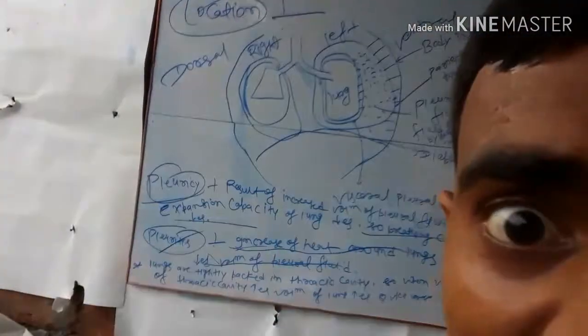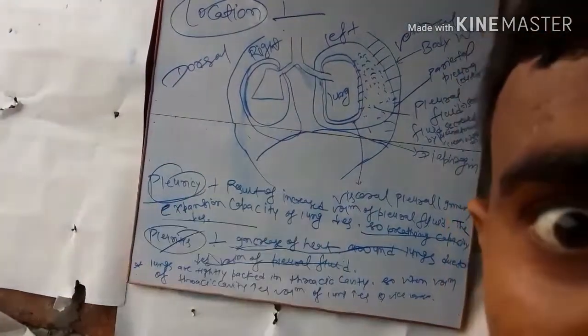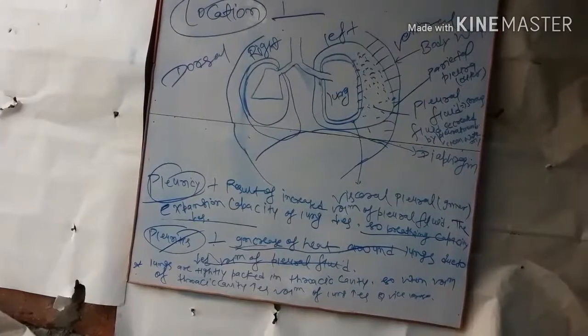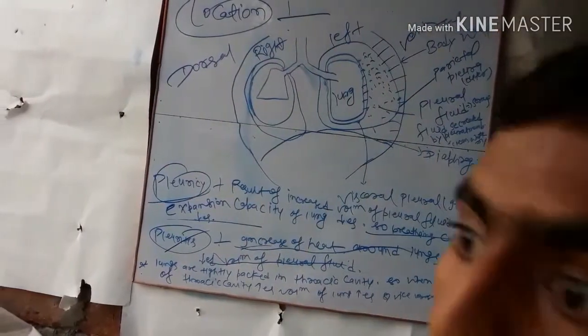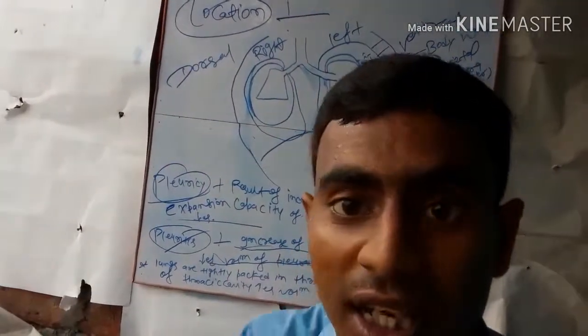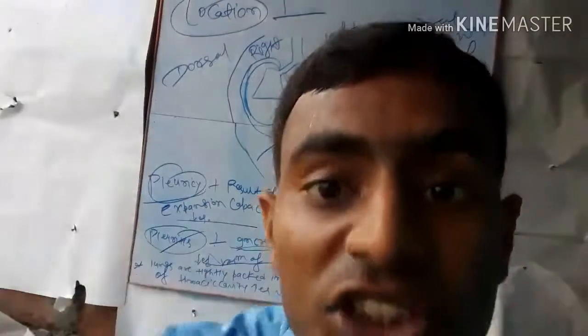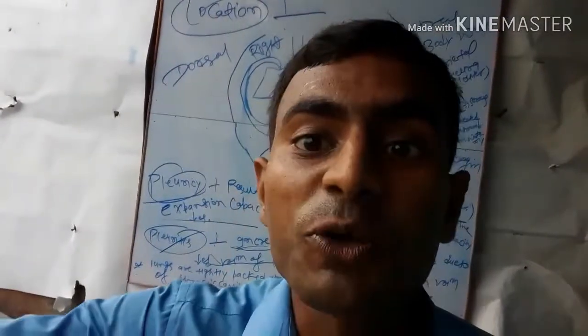And exhalation: when the volume of the thoracic cavity decreases, the volume of lungs decreases and pulmonary air pressure increases in comparison to atmospheric air pressure.